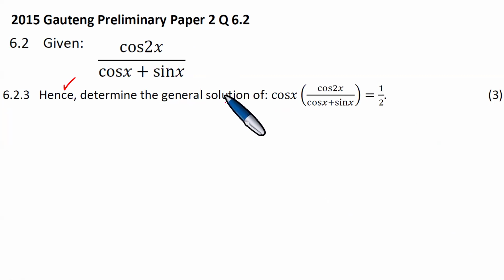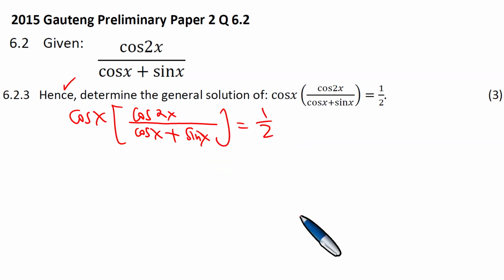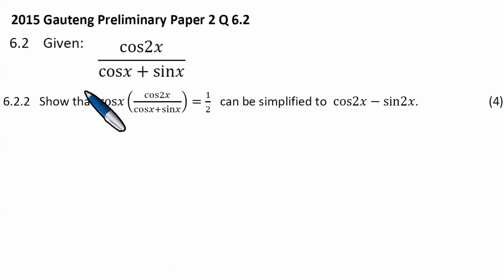Because we need to determine the general solution of this, which is cosine 2x divided by cosine x plus sine x equals 1/2, what do we do here? How do we determine the general solution of this? In principle, we would have to cross multiply and use identities and do many things. But we already know something because they said hence, so we need to use the question above. What is the question above?